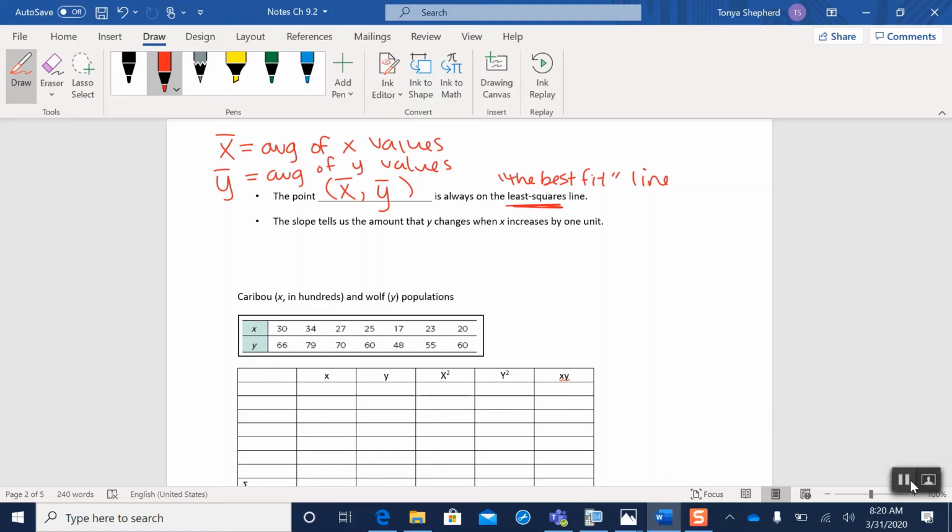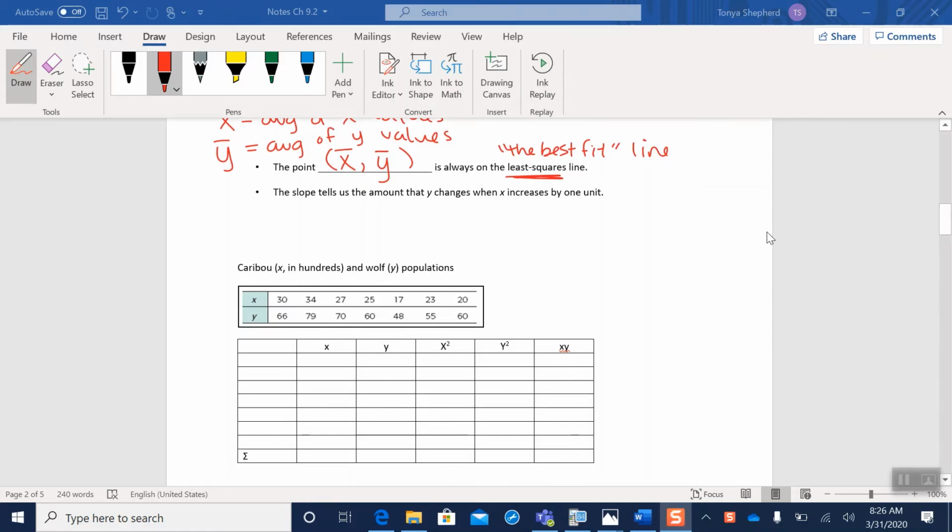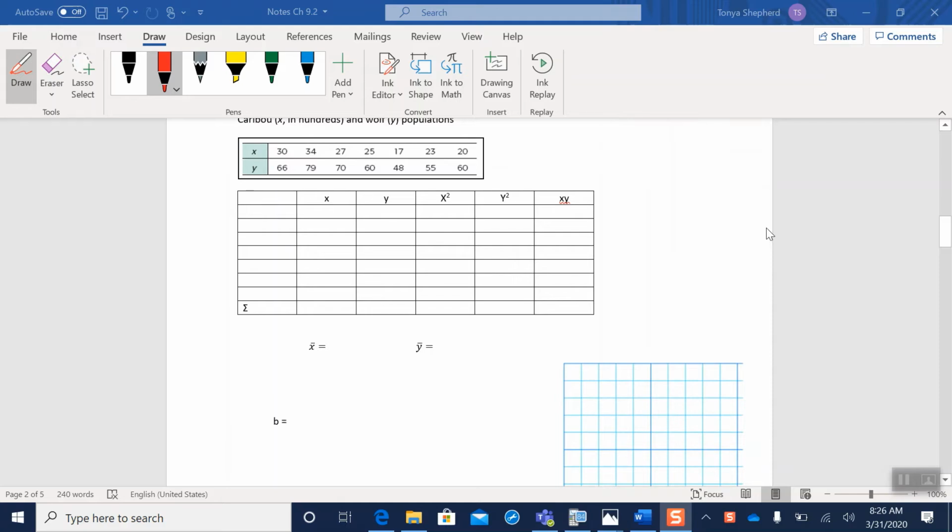Okay, so let's take a look at an example where we're going to look at this set of data. Our first thing that we want to do is go ahead and graph this data and make sure that we have some sort of linear equation. So we want to get a scatter plot of this data.